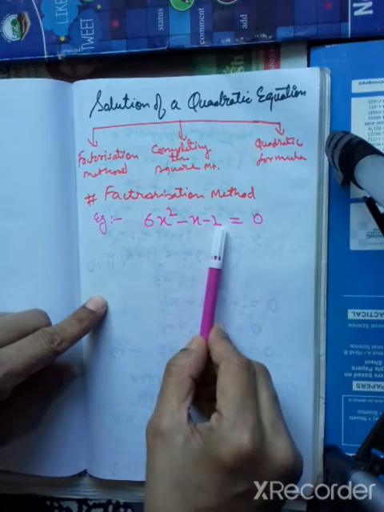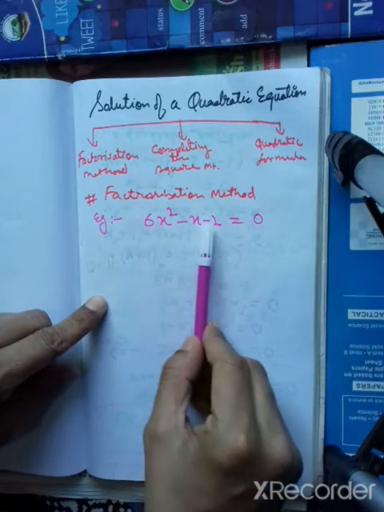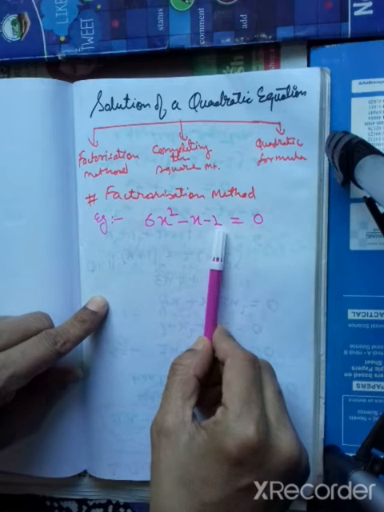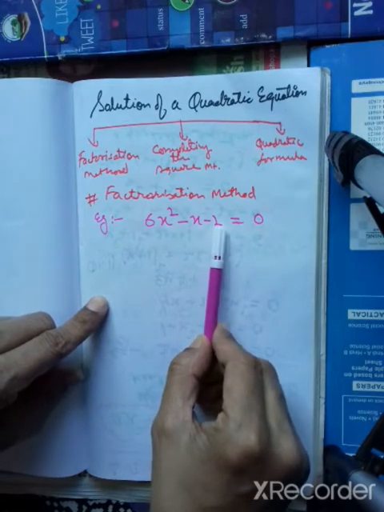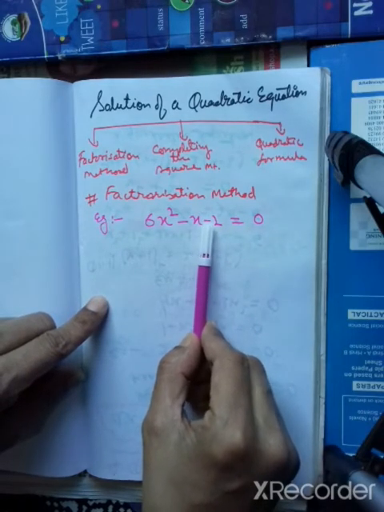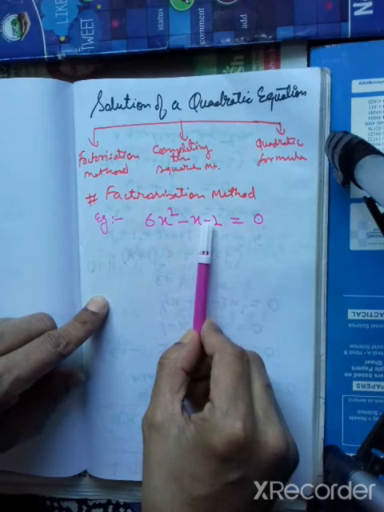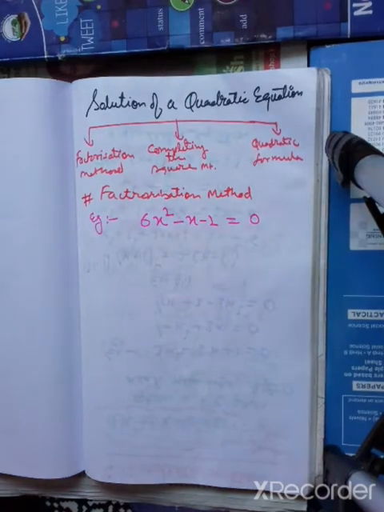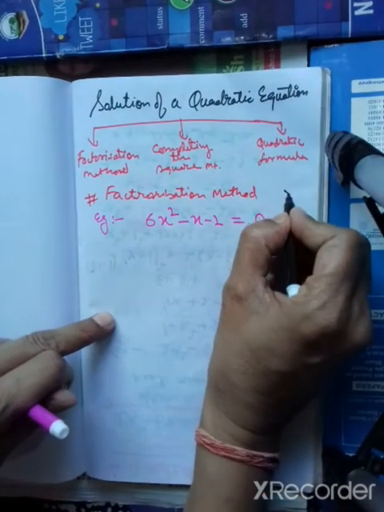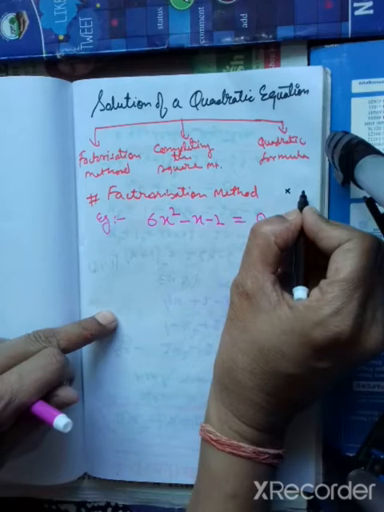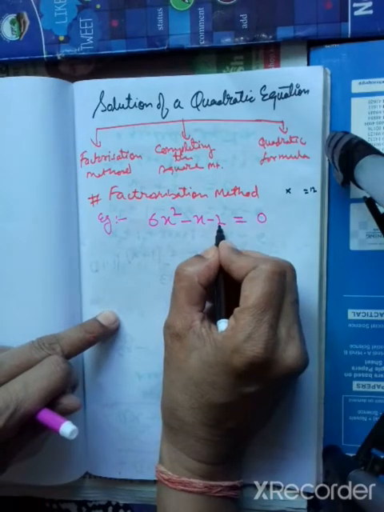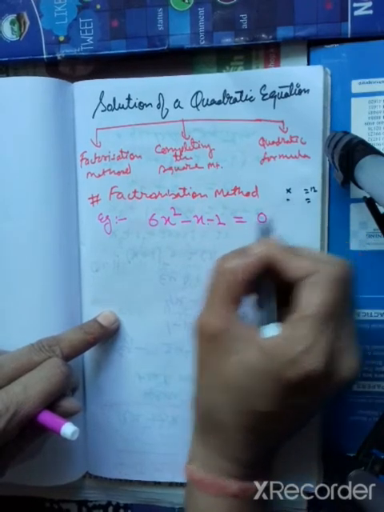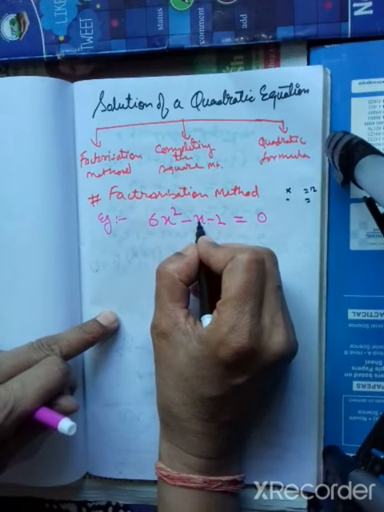6 multiplied by 2 is 12. So we have to think about two numbers whose multiplication is 12. The sign of constant term is negative, so by subtracting those two numbers, what should we get? The coefficient of x is 1.